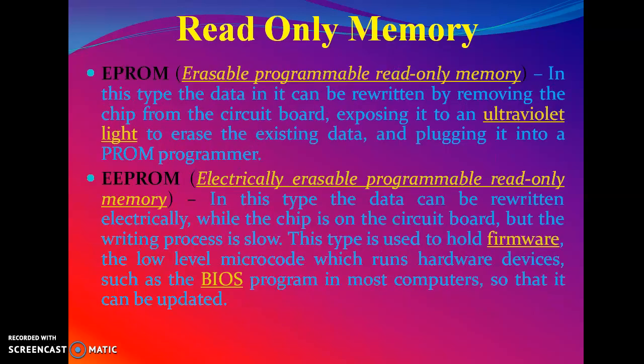Next, EPROM, erasable programmable read-only memory. In this type, the data can be rewritten by removing the chip from the circuit board, exposing it to ultraviolet light to erase the existing data, and plugging it into a PROM programmer. Next is EEPROM, electrically erasable programmable read-only memory.